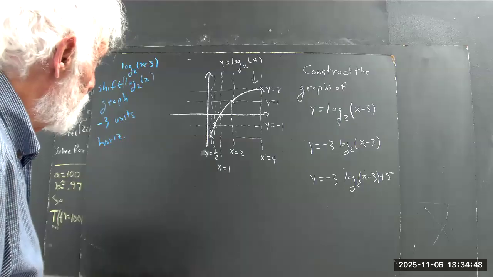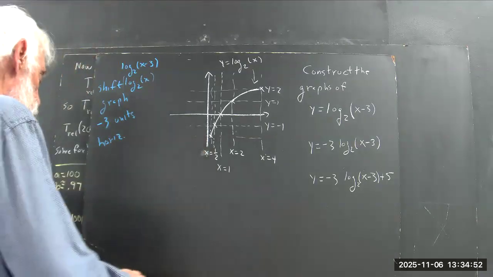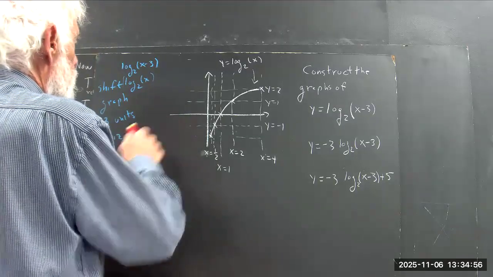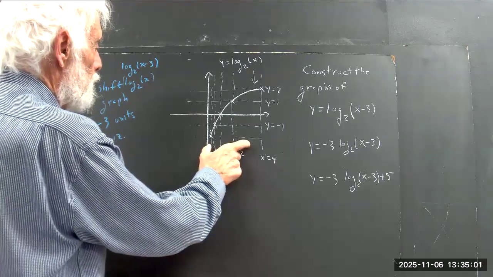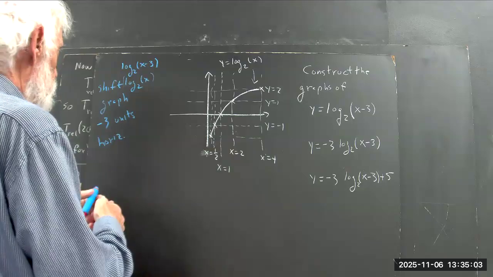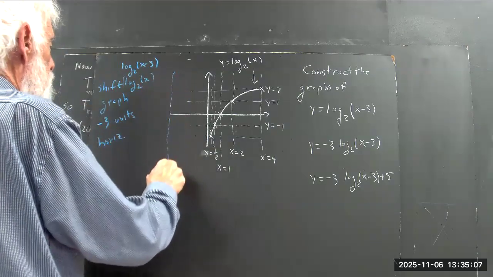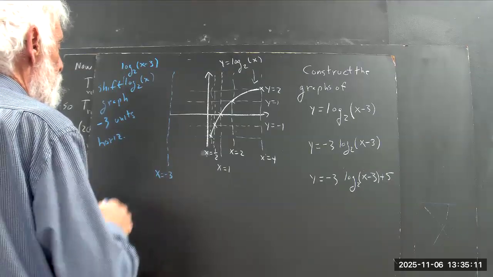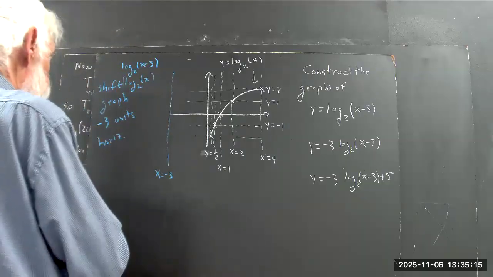Now, if we shift the y-axis -3 units, well, 2 is here, 4 is here. That's 3, -3 units would be about to here. And there's the line x equals -3.